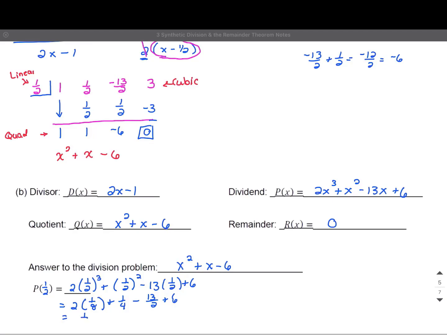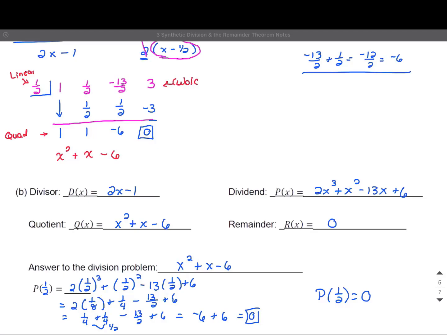This is going to give me 1/4 plus 1/4, which is really 1/2, minus 13/2. Now 1/2 minus 13/2, that's the same thing we did up here. That's -6 plus the 6, I get 0. So we just found that p of 1/2 is 0.